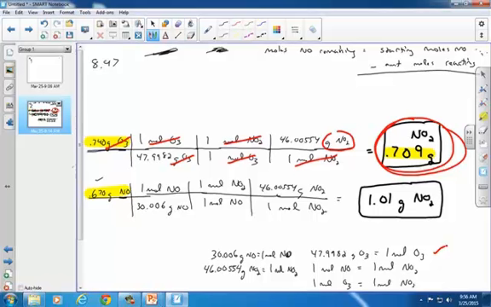So I need those two amounts to figure out how much is left over. I've already got the starting moles right here. I've determined that my NO is in excess, and I know how many moles of it I'm starting with because I know the grams I'm starting with, and I can convert that to moles. So I can just do that real quick.